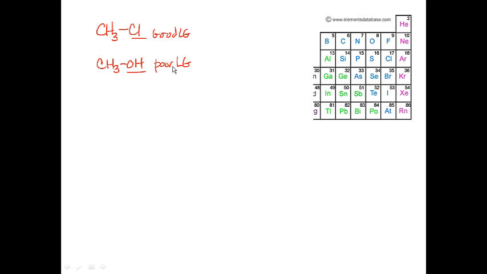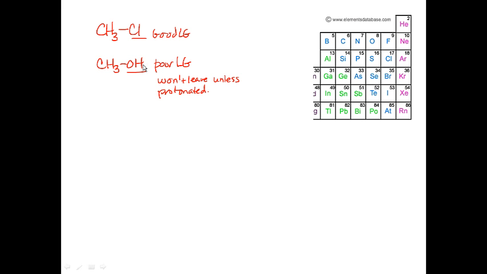And I'll even put restrictions on it that says OH won't leave unless protonated. And I'll come back to that issue of protonation either at the end of the lecture today or for Friday's lecture.